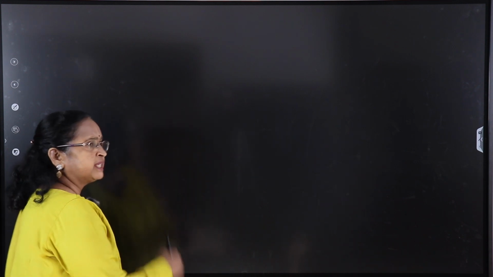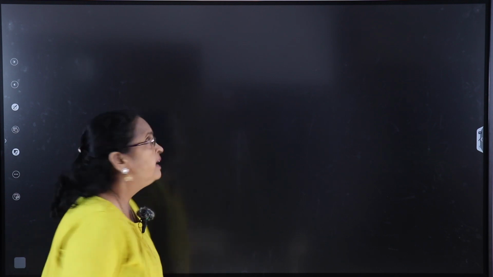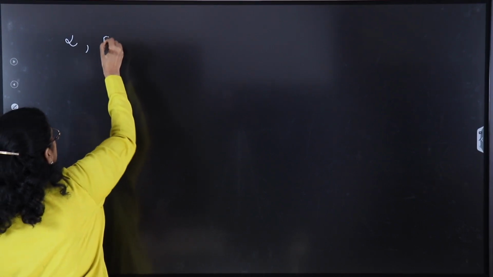Since it's a quadratic equation, we got two zeros of the polynomial in x. So those two we will take as alpha and beta.